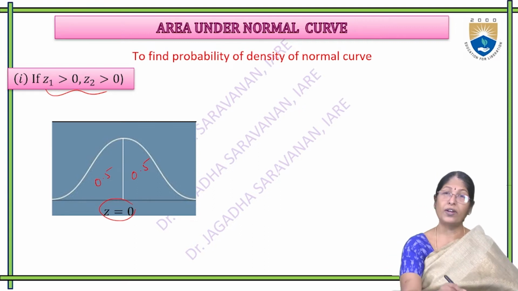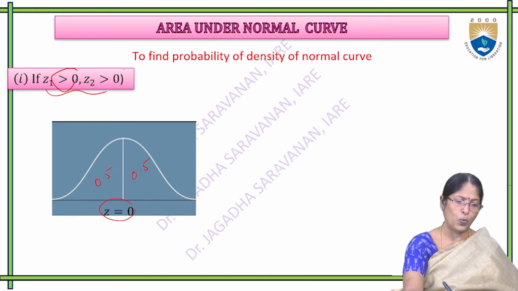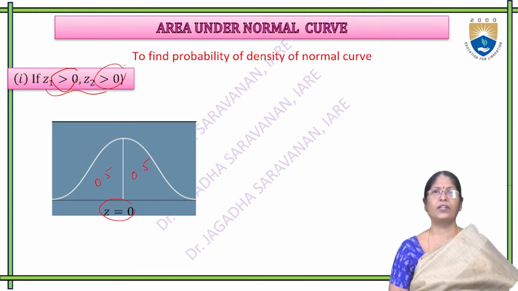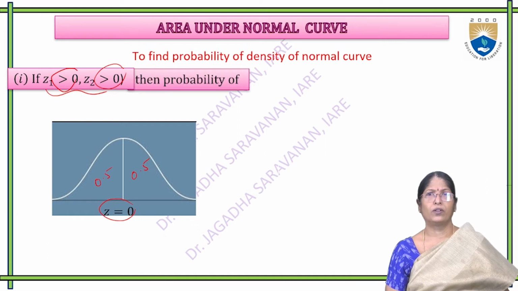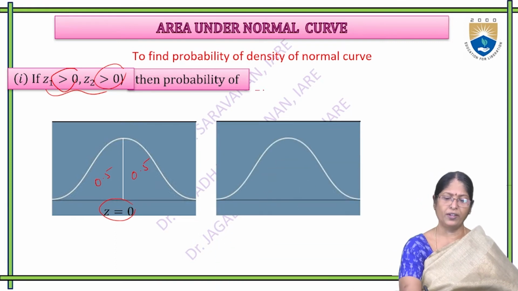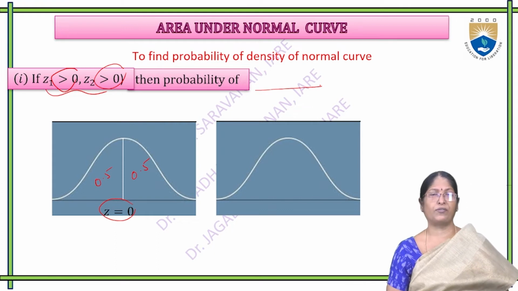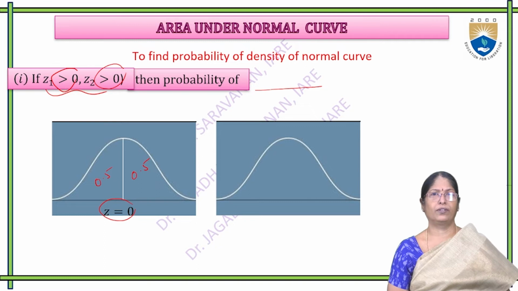If it is not written here as positive, greater than 0 indicates mathematically that it is positive. Satisfying this condition, z1 and z2 are to be placed.